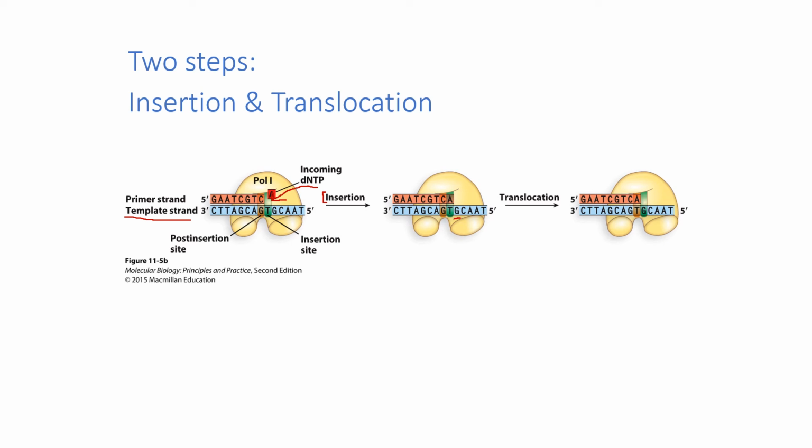So we have insertion followed by translocation of the template strand as each new nucleotide is added. So that'd be 1 insertion, and this was from last time too, so hopefully it sounds familiar, plus 2 translocation.